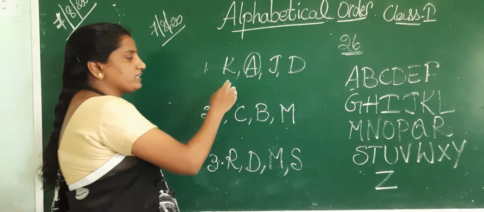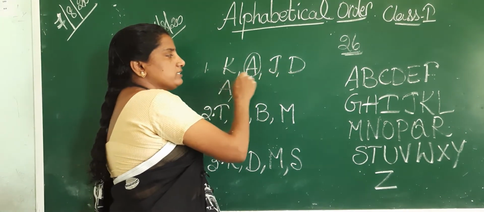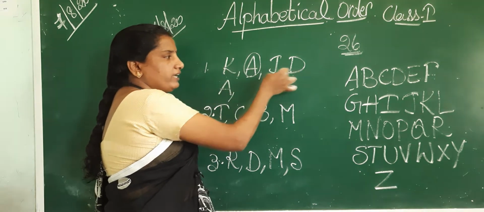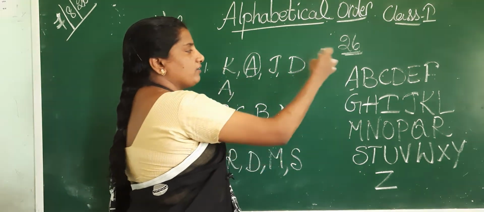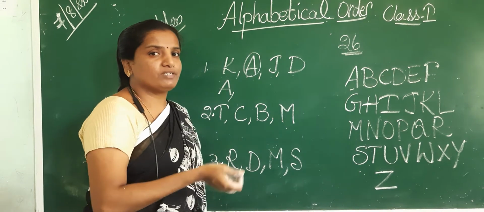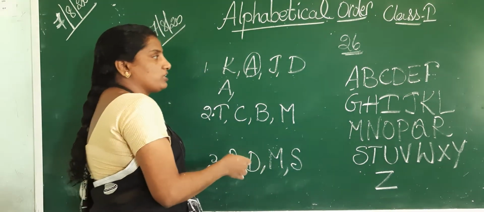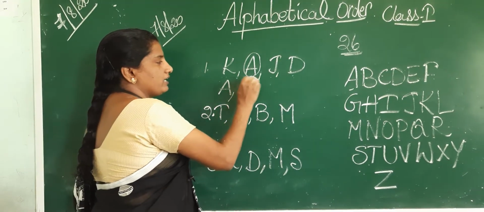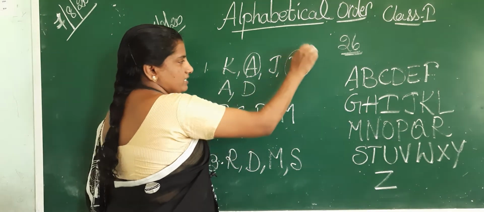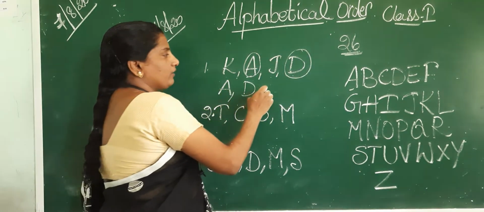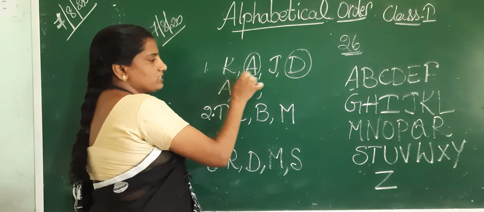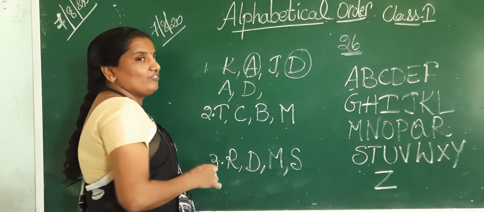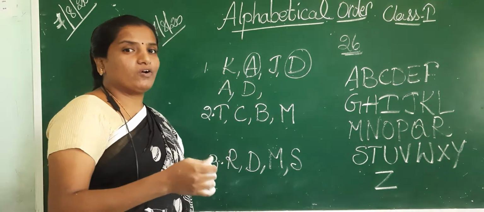Now observe the next 3 letters: K, J, D. Observe the given letters in the alphabets. Which letter comes next? D. Circle D. Then go for the next 2 letters, J, K. Which one comes first in our order?